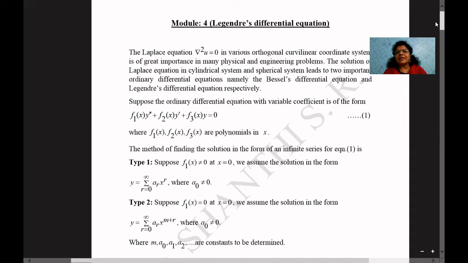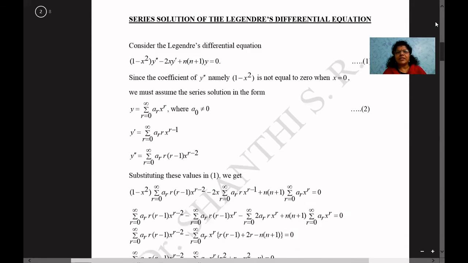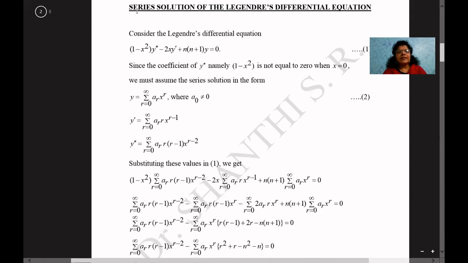Now we'll go for the series solution of the Legendre differential equation. Consider the Legendre differential equation (1 minus x square) y double dash minus 2x y dash plus n into (n plus 1) y equal to 0. This is the Legendre differential equation. How to choose its solution?